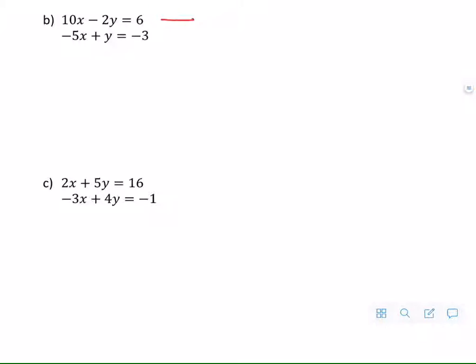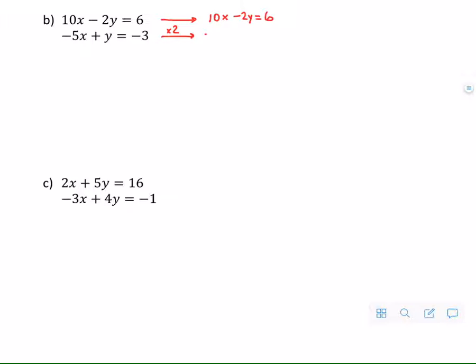Which means the first equation I'm not changing. It's always good practice to just write it again right beside it. I like the little arrows next to it so I know exactly what I'm doing to the equation. So 10x minus 2y equals 6 stays the same. Second equation, what are you doing? Times 2.